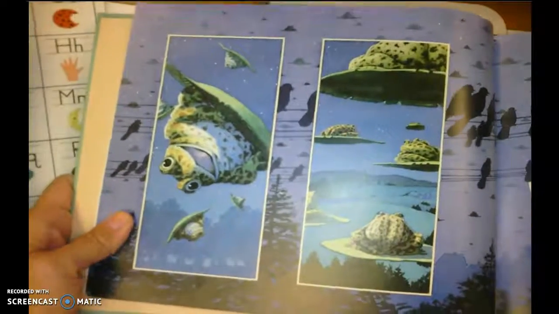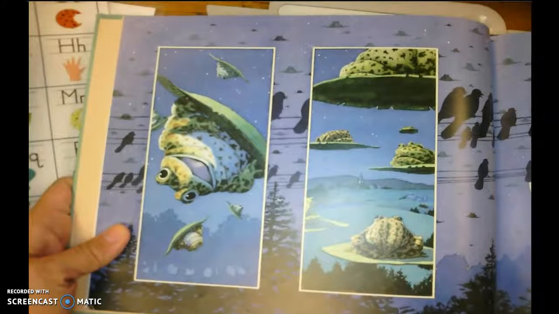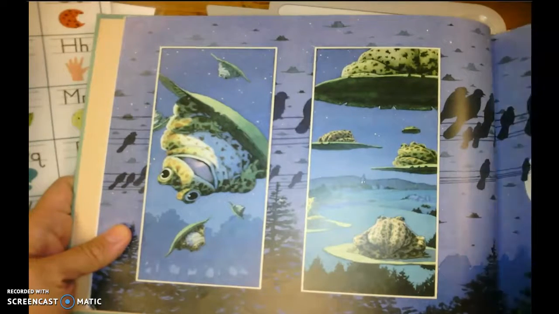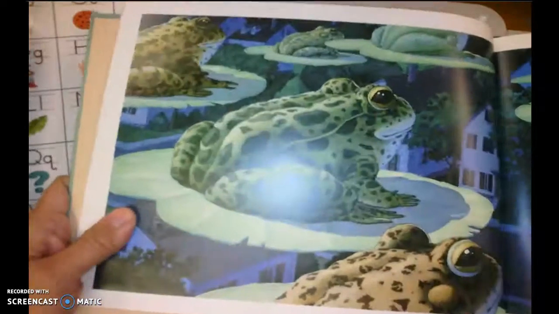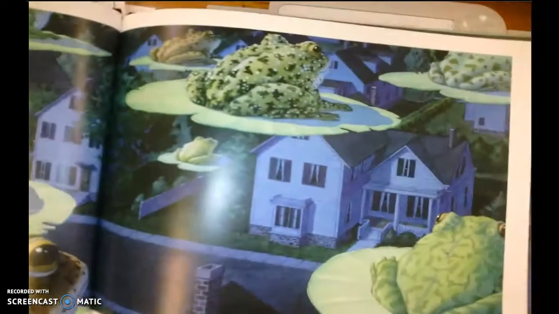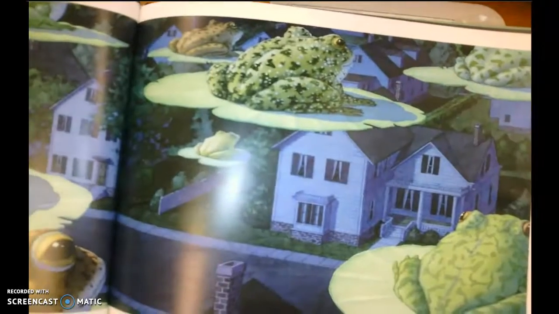The person who made this book, David Weisner, is using illustrations or pictures to tell his story. Can you tell from looking at the pictures what is happening in the story?